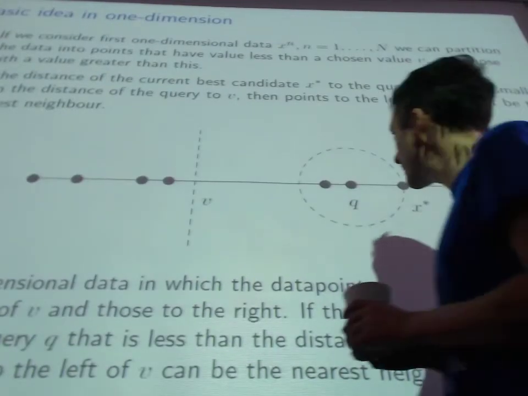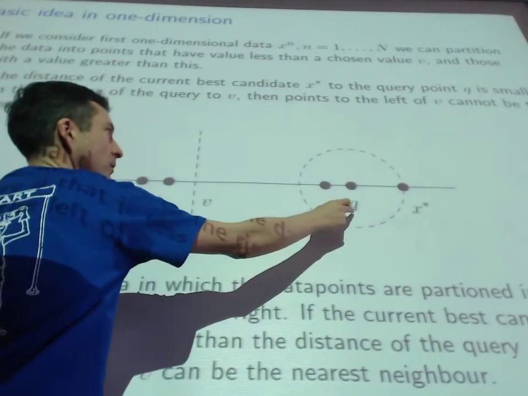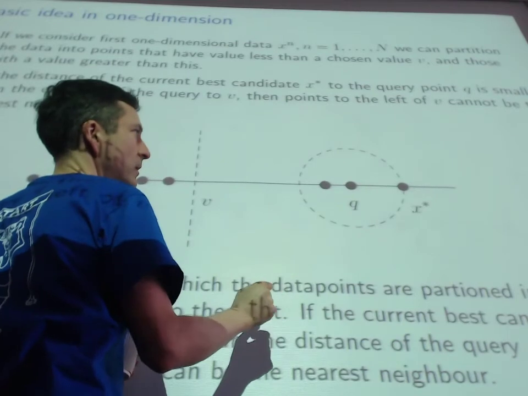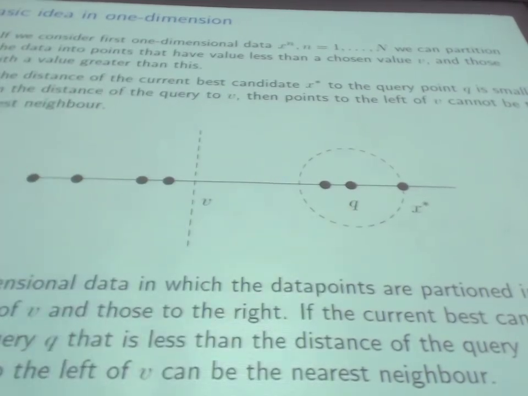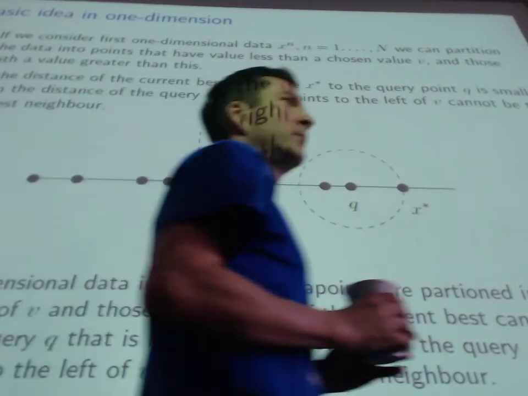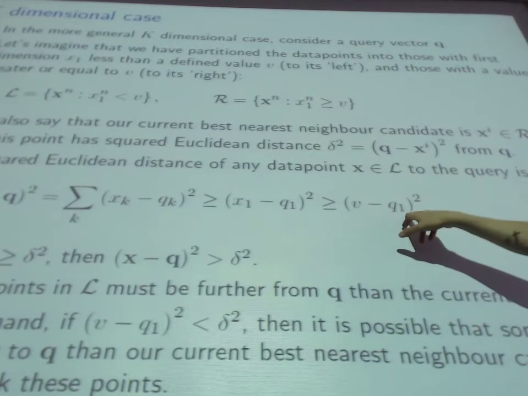So this is the distance between q and v, q minus v squared, and that's bigger than q minus x star squared. That's the corresponding situation.